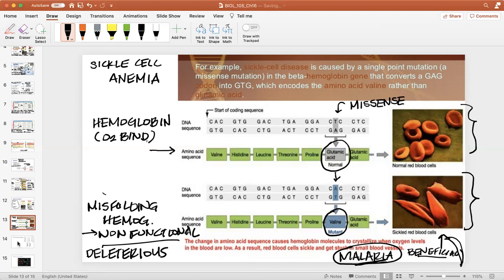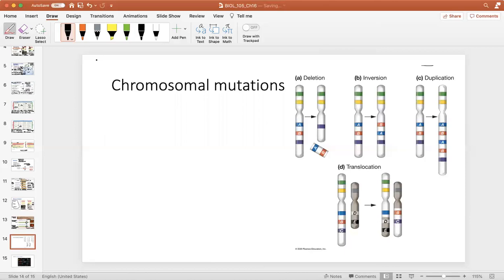Okay, so the last thing that I want to mention is, up until now, I have been talking about point mutations. And remember that point mutations occur at a single point on the DNA molecule.